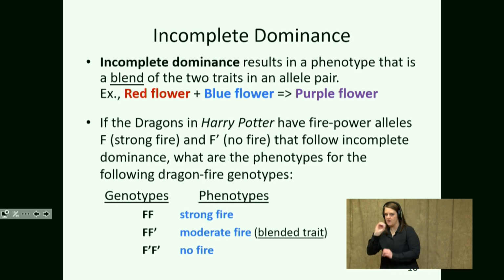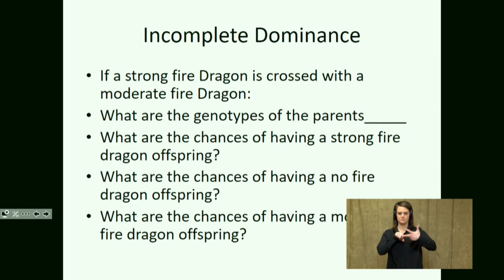So you have 3 phenotypes. If a strong fire dragon is crossed with a moderate fire dragon, first, what are the genotypes of the parents? Well, we just saw strong fire was capital F, so we are going to have capital F F, crossed with F F prime.